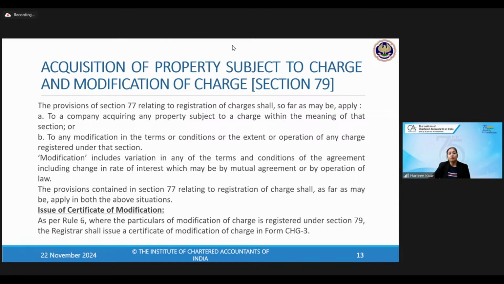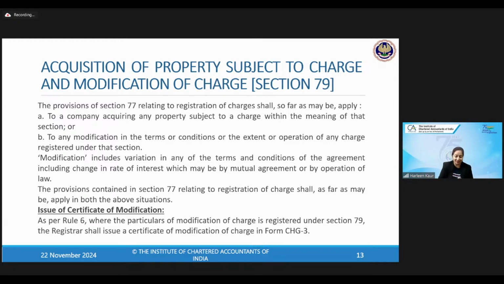Acquisition of property subject to charge and modification of charge, section 79. Now let's move to section number 79. It says provisions of section 77. What were the provisions of section 77, children? It says provisions of section 77. What was 77? We have done 77 and 78. You told me, ma'am, no doubts.